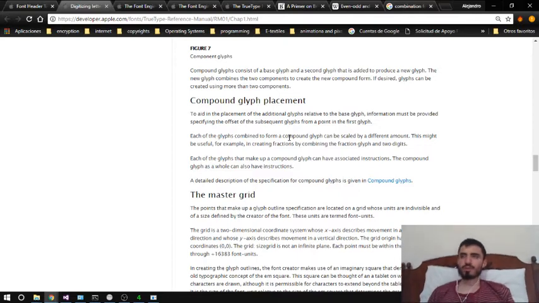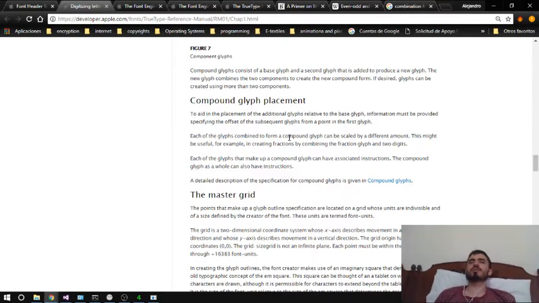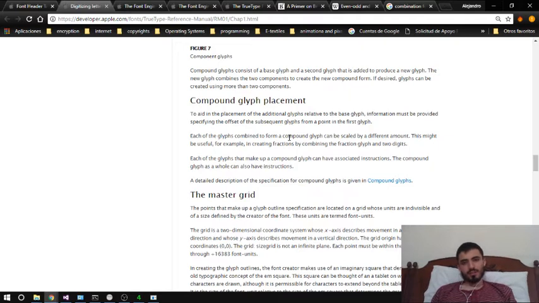I don't know if we want to use compound glyphs. I don't think so.